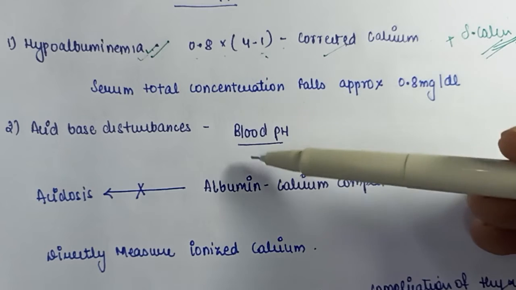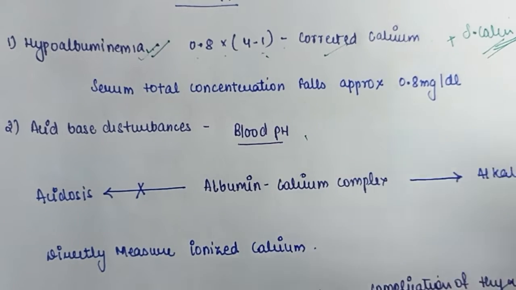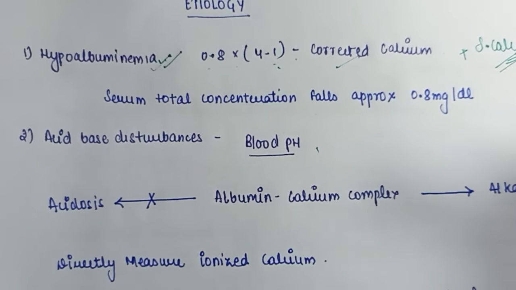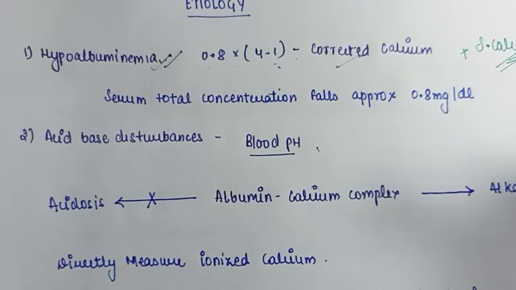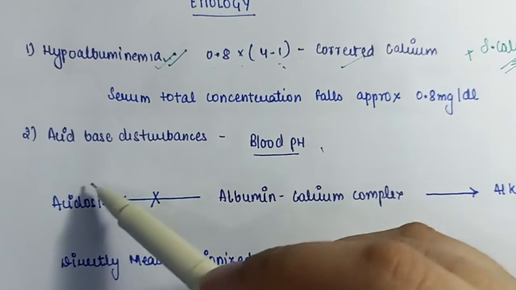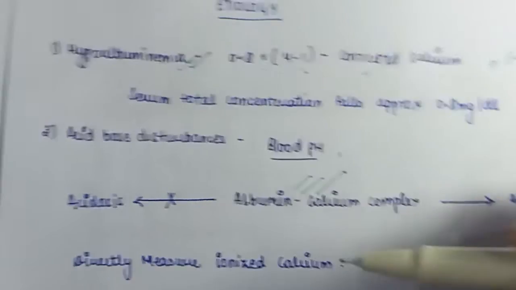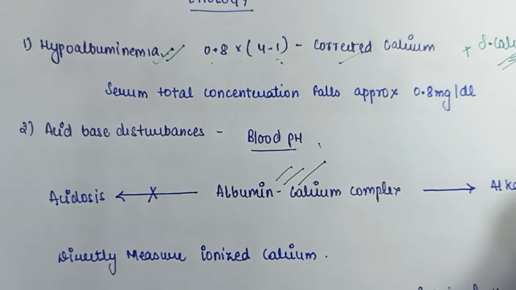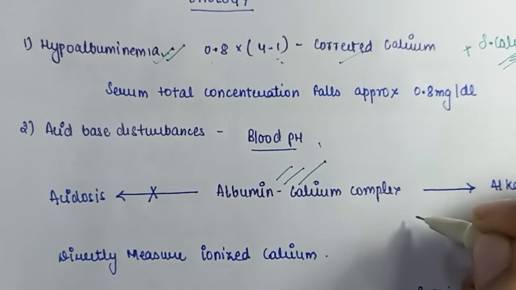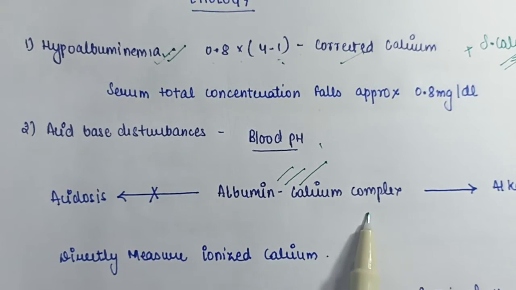In the presence of normal albumin levels, the total serum value which we have obtained cannot be used for correction sometimes, because if there is acidosis in the body, there will be greater release of calcium from albumin, and in case of alkalosis, there is a problem in dissociation of the albumin calcium complex.